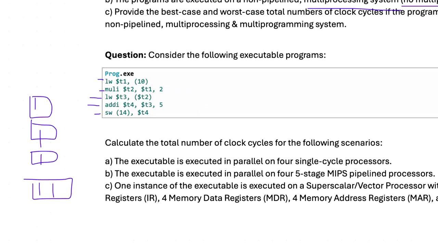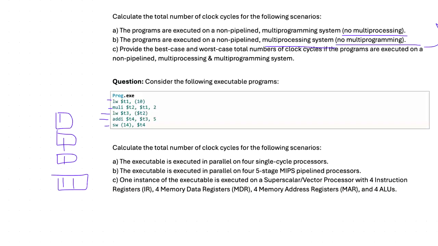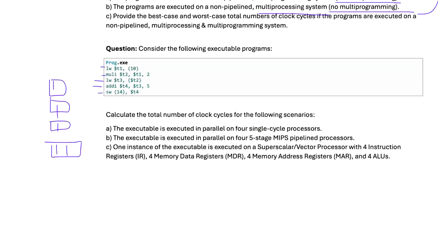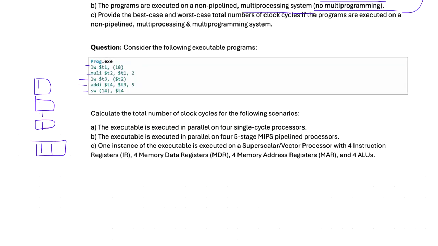On the other hand, if we had MIPS, right, 4 5-stage MIPS pipeline processors, we can draw out the diagram for that. I don't want to draw out that whole thing right now, but just remember you have fetch, decode, exec, mem, write back, etc. So this is going to let us not have to worry about that as much in a sense.